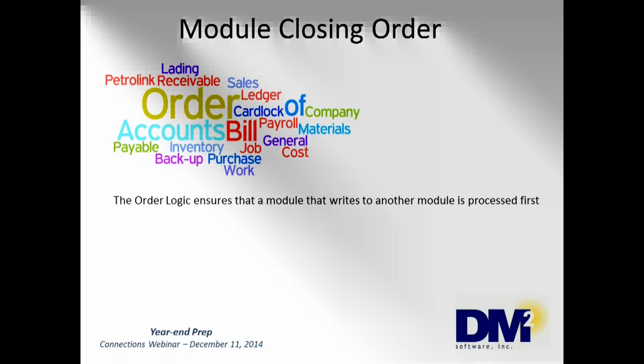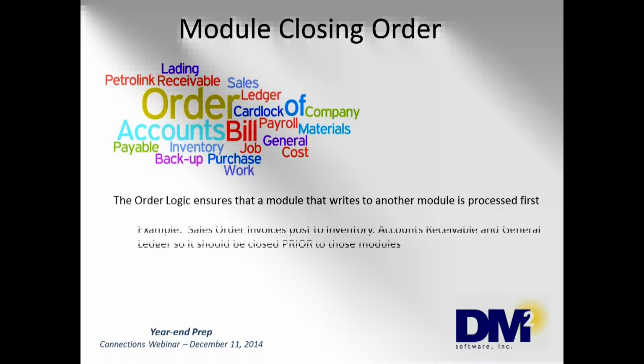A good example is sales order invoices. They post to inventory, and they post to accounts receivable and general ledger. So sales order modules should be closed prior to closing inventory and accounts receivable and ultimately general ledger. Having that order is very, very important.